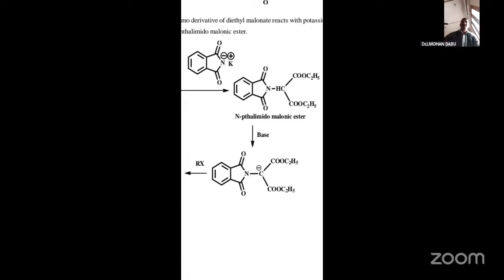Then by treating this N-phthalimido malonic ester with a base, we abstract one more acidic proton.